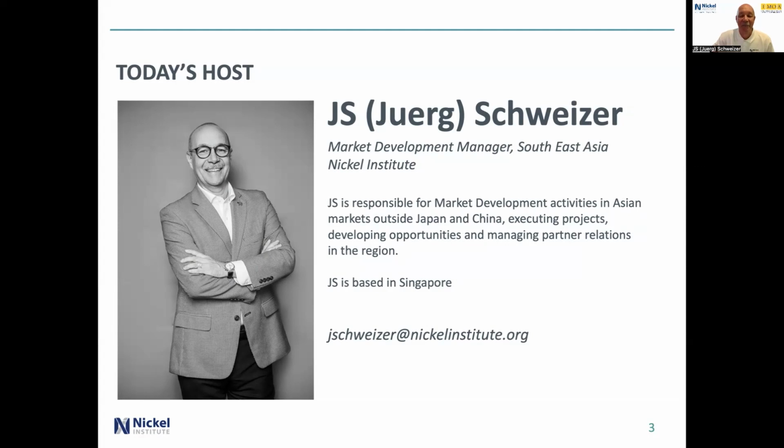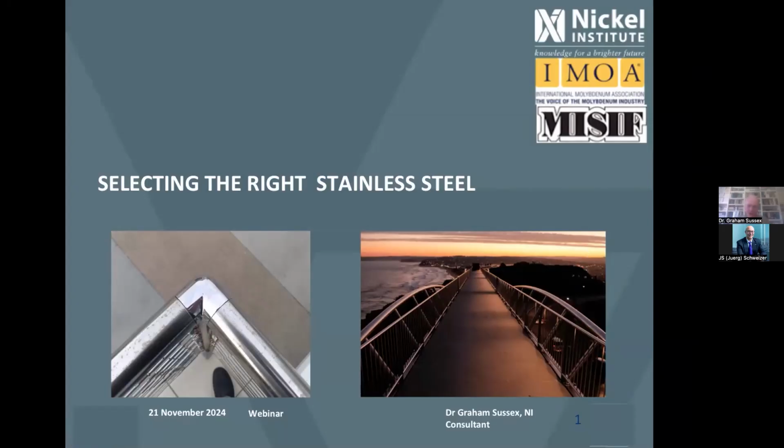Over to you, Graham. These are two pictures of external uses of stainless steel. On the left, we've got a handrail, and you can see the differences in appearance between an electropolished coupling at the corner and the polished, braided railings there.